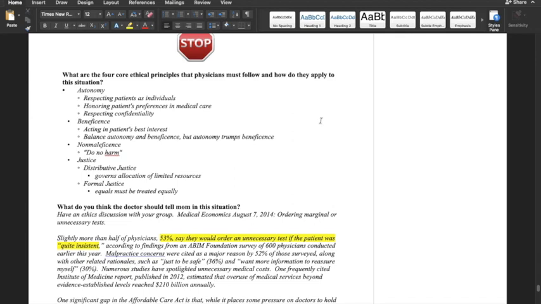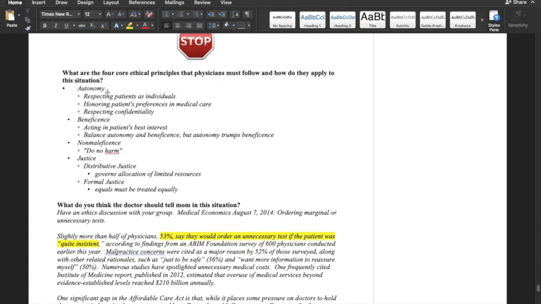Because we know that drawing extra blood cultures is an invitation to add complexity to a patient's care. If a patient is not clinically ill, the risk of getting a contaminant or a false positive is much higher than getting a real pathogen, and that could result in patients getting more IV antibiotics and inviting more risk for hospital-acquired complications. So first we have to consider autonomy.